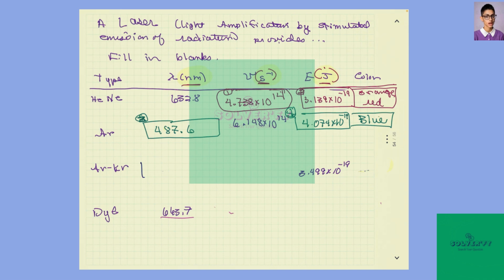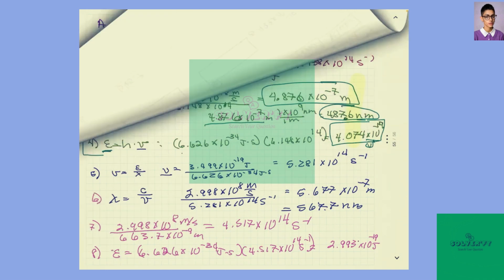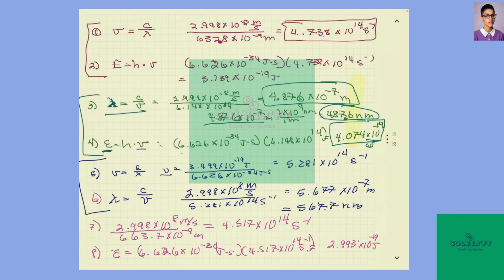We're asked to find this, and again our color. This will be Calc 5 and Calc 6, which I did right here. We're calculating frequency and wavelength.